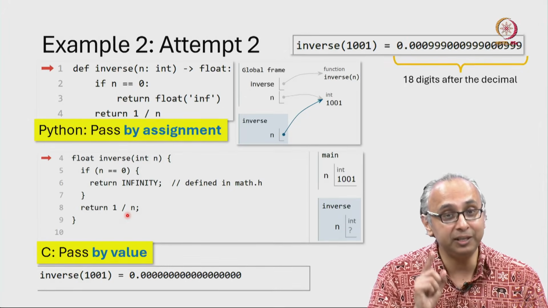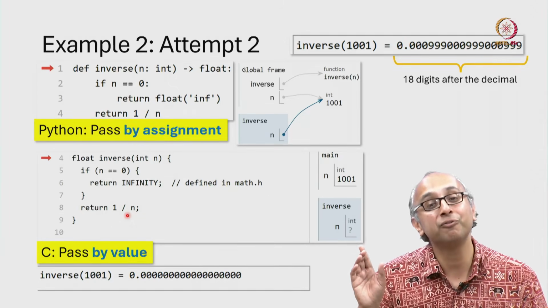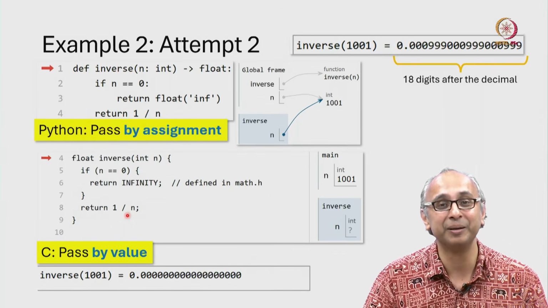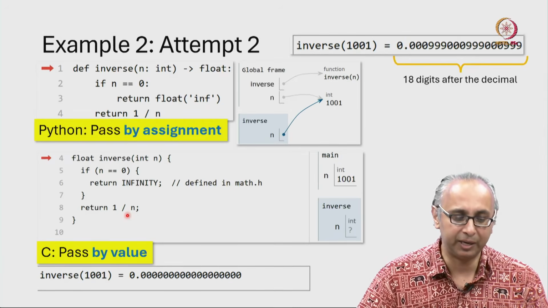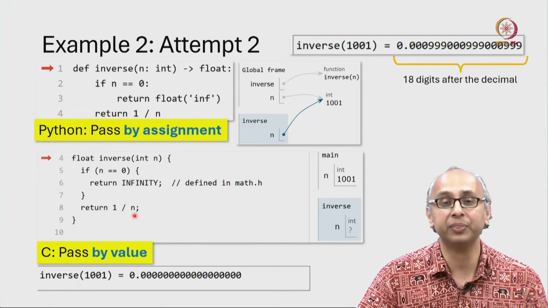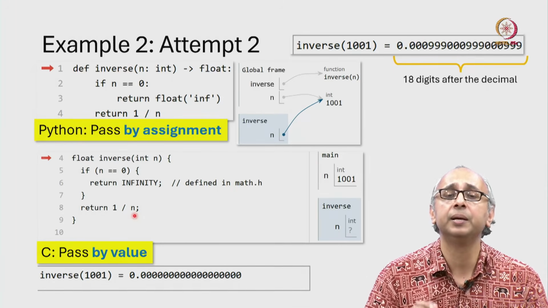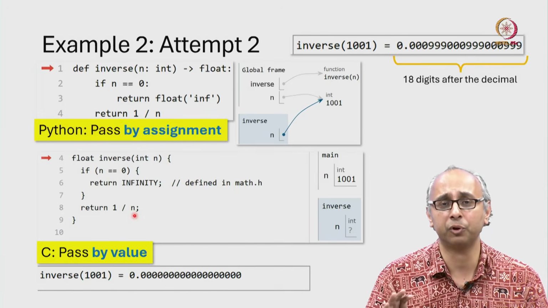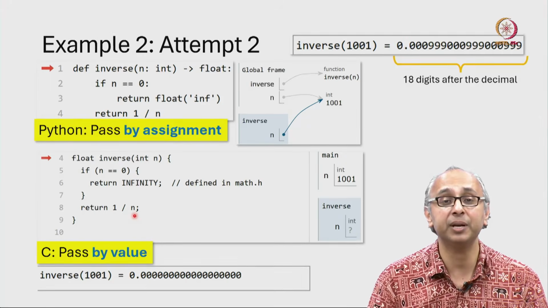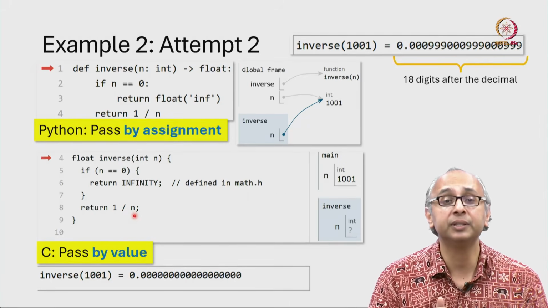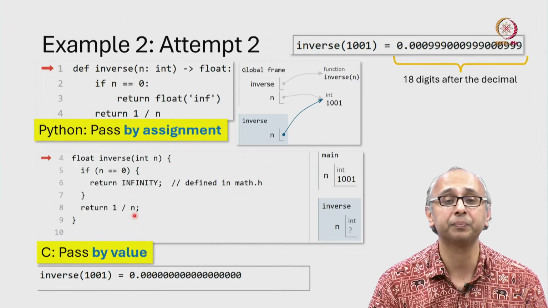And by the way, integer division in C is not the same as floor division in Python. For positive values like 1 and 1001, integer division in C behaves just like floor division. We will calculate the answer, and remember, in Python we round the result down towards minus infinity on the number line.